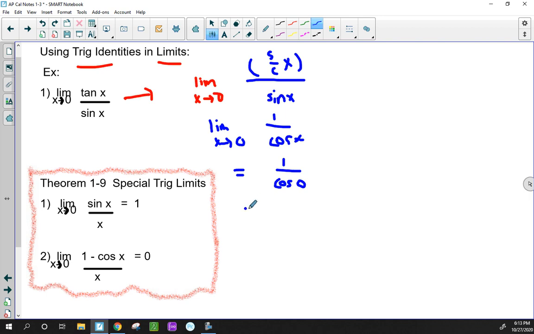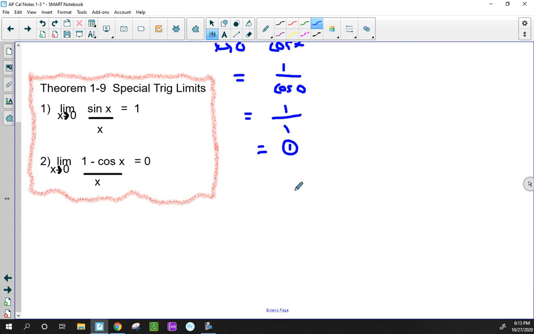At 0 degrees, what's the x value on a unit circle? Well, it's just 1, and so that means the whole answer is 1. That's how you use an identity in a limit. There are other examples I could have given you, but I chose this one. Tangent converts to sine over cosine, and then use algebra skills to simplify.